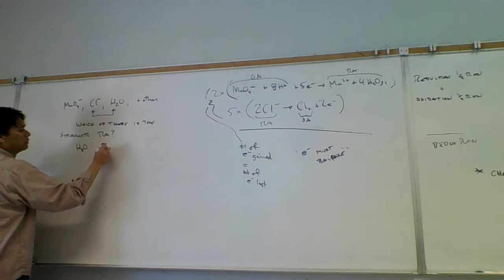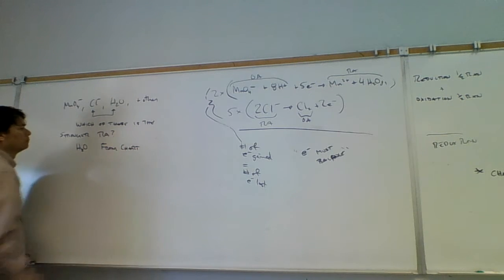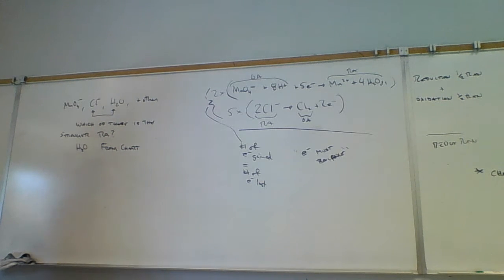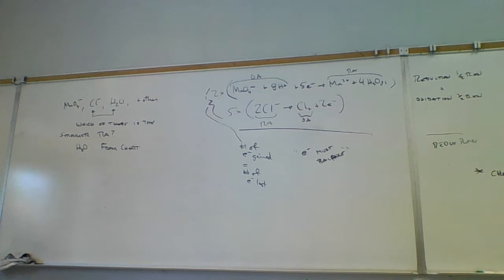H2O from the chart. This is a stronger reducing agent. So if water is oxidized, that is, if water loses electrons, then we should form oxygen gas, not chlorine gas.